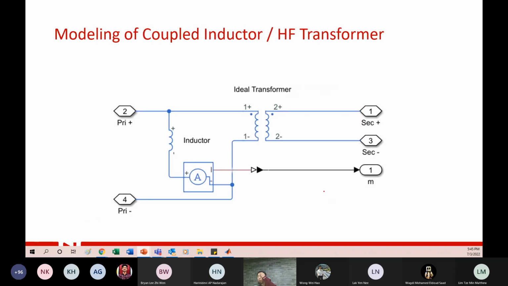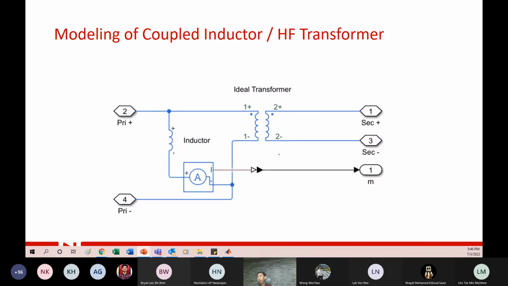Now, to model this, we first have to model the coupled inductor. This one is not available in MATLAB, but you can model it using an ideal transformer.